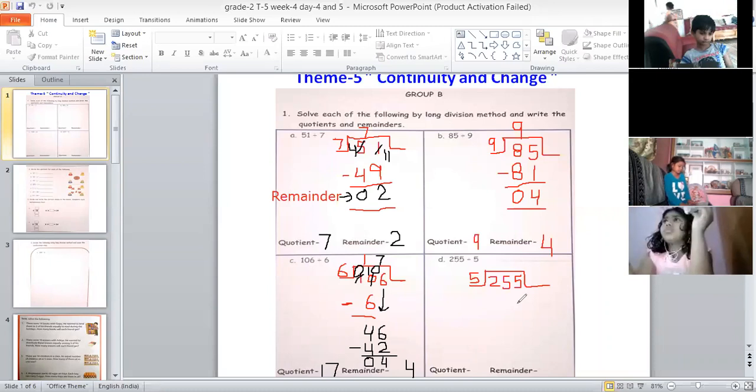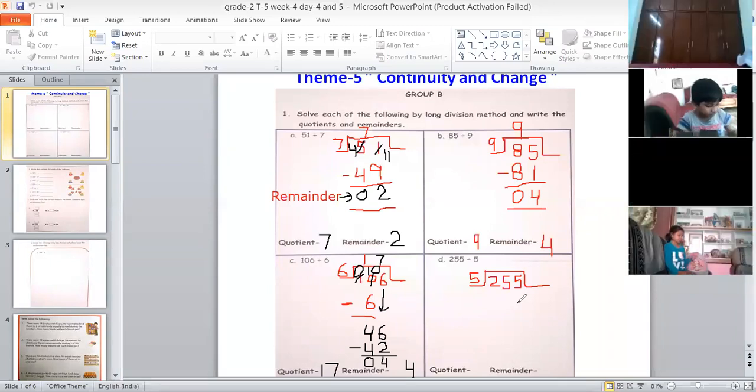Why are we taking 2 and 5 together? Okay, who can tell me why we take 2 and 5 together and not 2? Anyone?